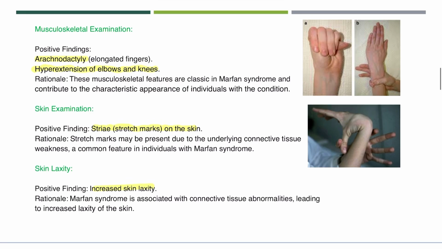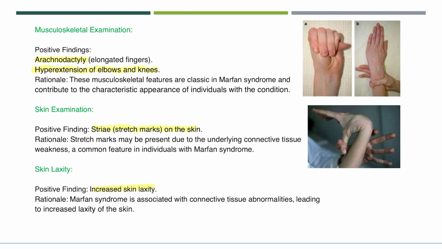Here I have shown you some of the examples. This one is called the wrist sign, and you can demonstrate this in the case of Marfan syndrome. And here you are looking for the hyperextension.